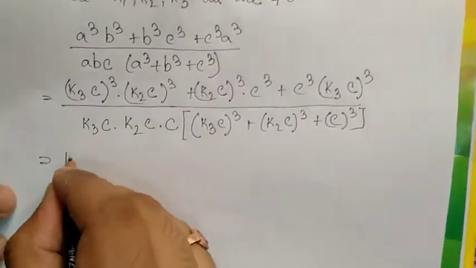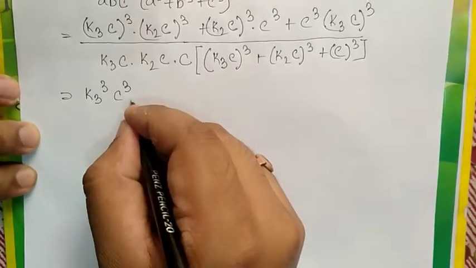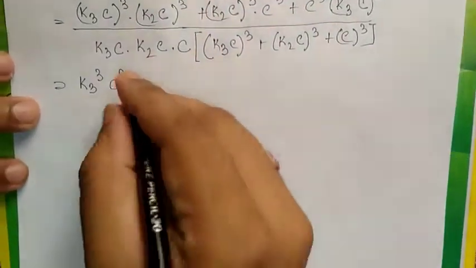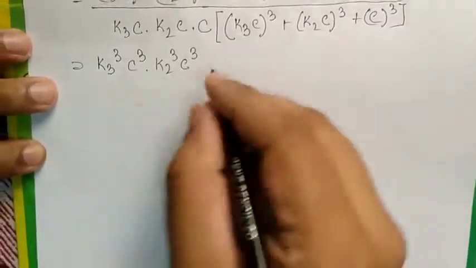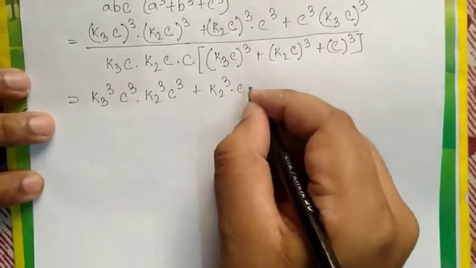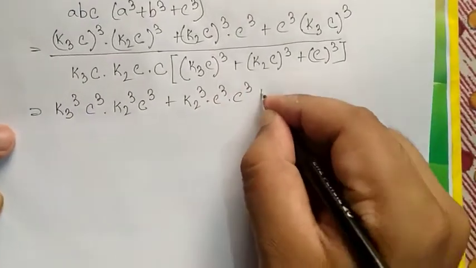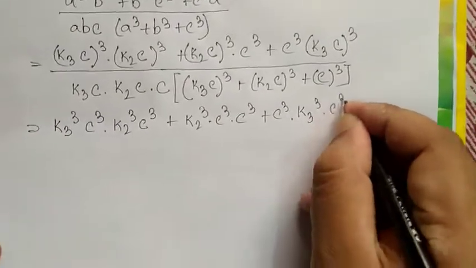So therefore we get K3 cube C cube into K2 cube C cube, plus K2 cube C cube into C cube, plus C cube into K3 cube C cube.